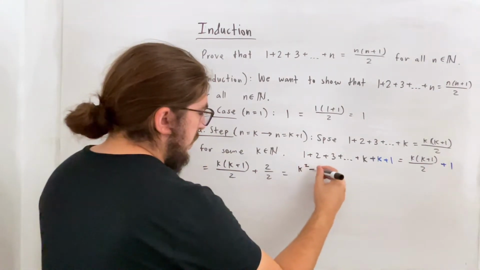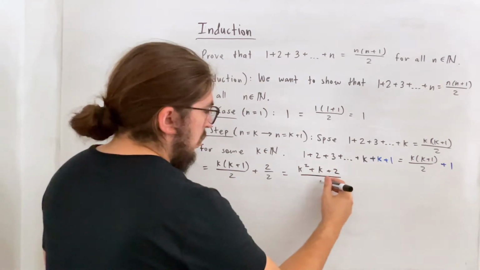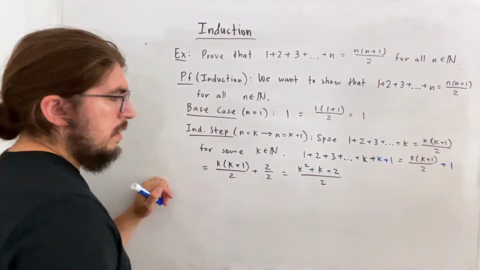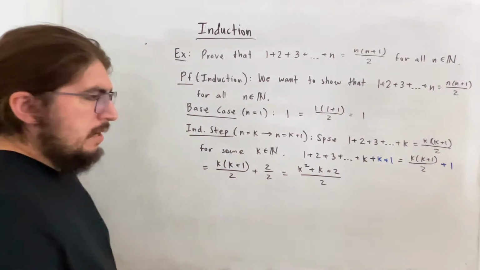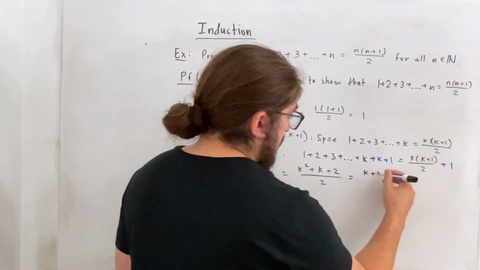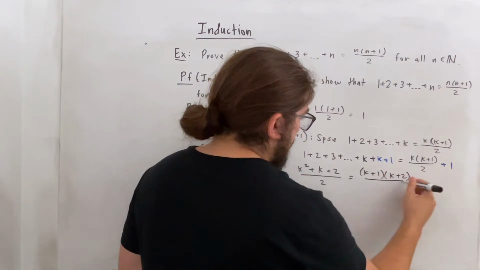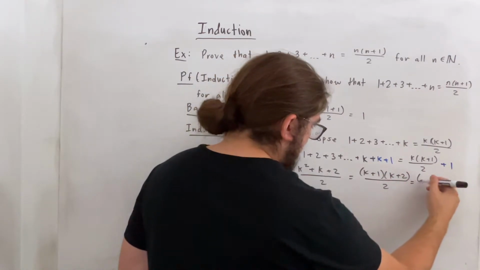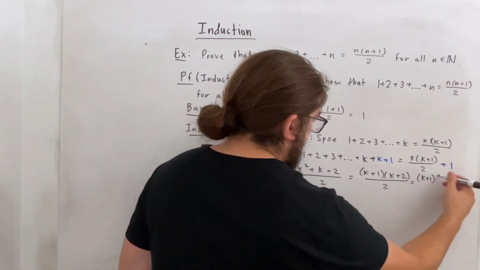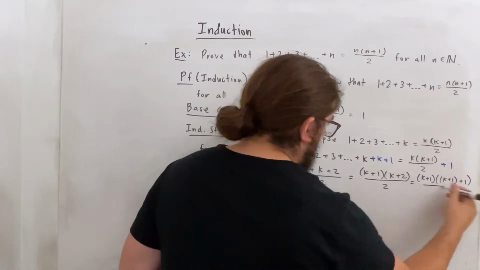We get k squared plus k plus 2 all over 2. It doesn't necessarily look like what we wanted to show, but this factors, not surprisingly, as k plus 1 times k plus 2, which is indeed equal to k plus 1 times k plus 1 plus 1 all over 2.